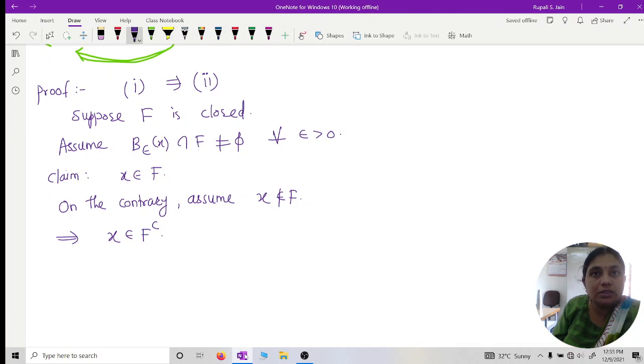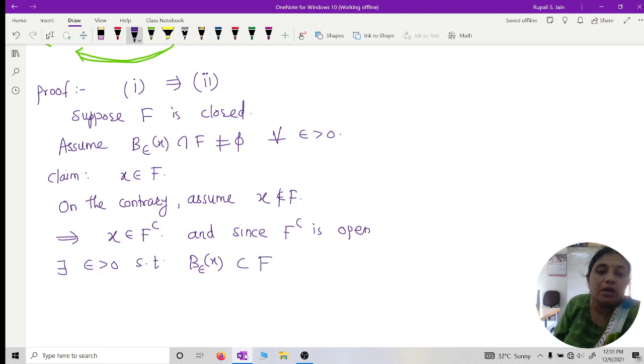Since F complement is open, there exists epsilon greater than 0 such that B_epsilon(x) is contained in F complement, right?